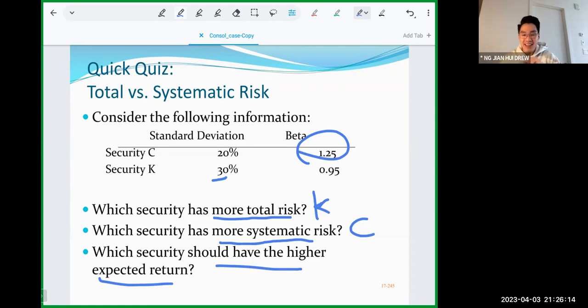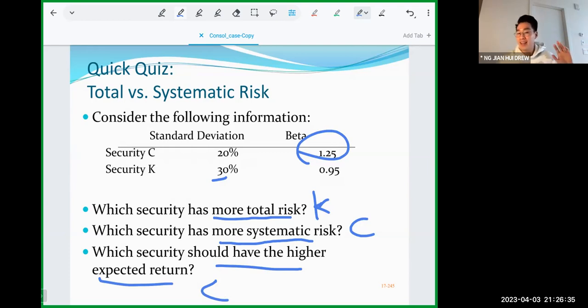Now this is the part that is tricky. The answer is actually C. Why? Remember, at the end of the day, you are not being rewarded just for taking on more risk. I talked about a full circle moment where at the start of the lecture, I said, more risk, more return, as a finance student you know.